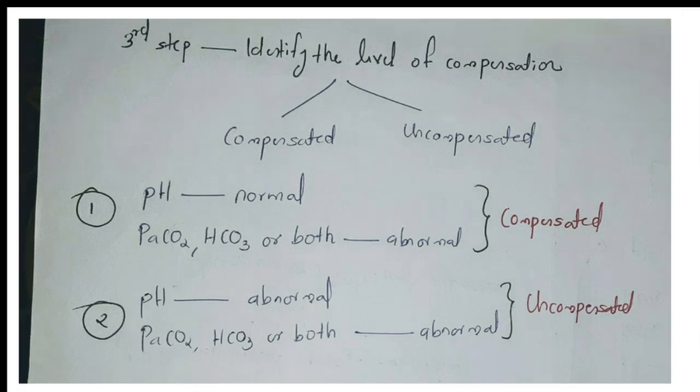If the pH is abnormal and PCO2 or HCO3 or both are abnormal, we say it is uncompensated. So in the first it was pH is normal, others either one or both may be abnormal, we say it is compensated. In the second scenario, pH is abnormal and either PCO2 or HCO3 or else both are abnormal, in that case we say it is uncompensated.